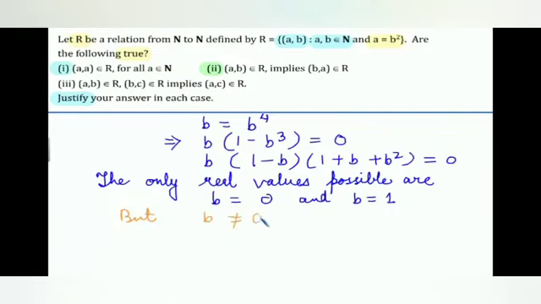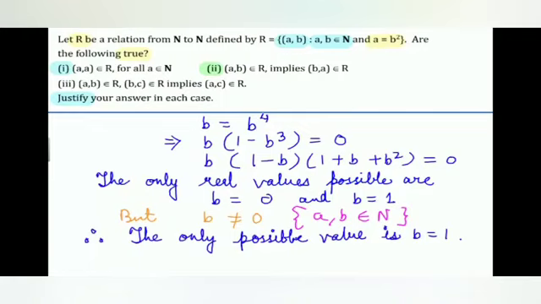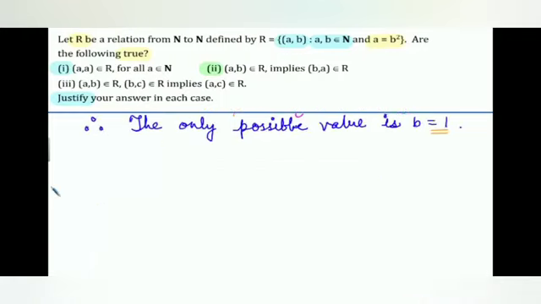But 0 does not belong to natural numbers, because a, b both belong to natural numbers. Okay. The only possible value is b = 1, because a, b both belong to natural numbers.